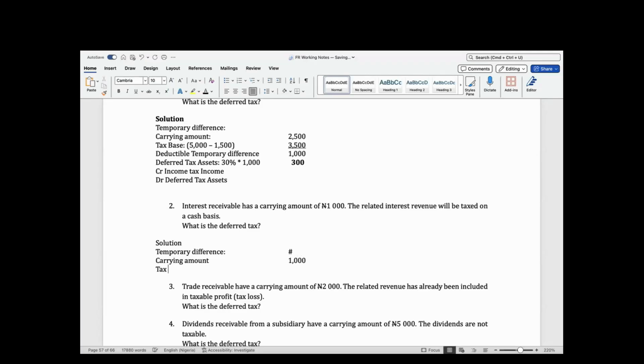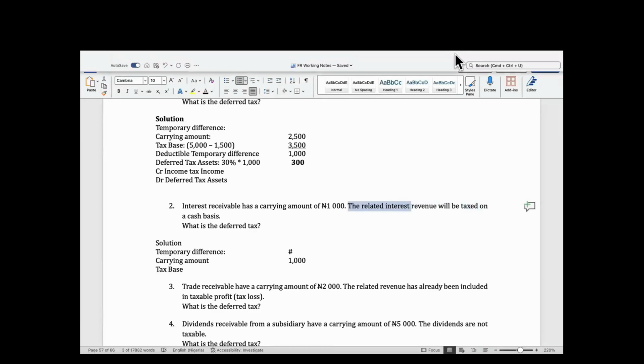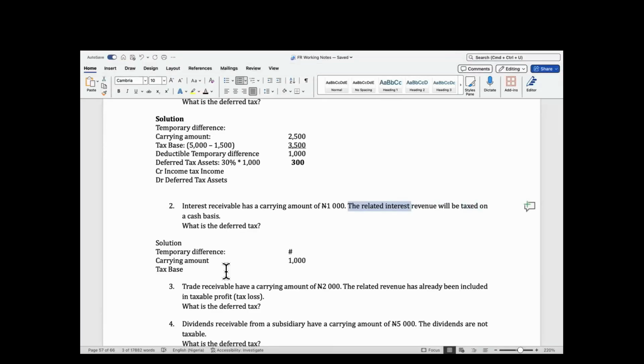And here, as far as here is concerned, the taxman is not going to capture it, because the taxman says, I'm not going to tax it now. I am going to tax it when you receive it. Look at it, the related interest revenue will be taxed on a cash basis.